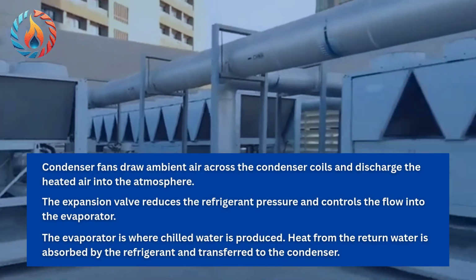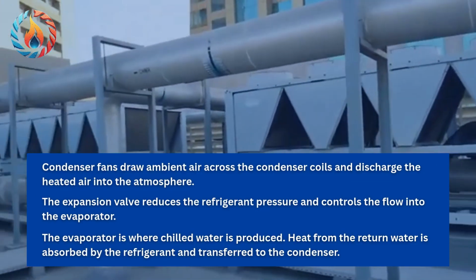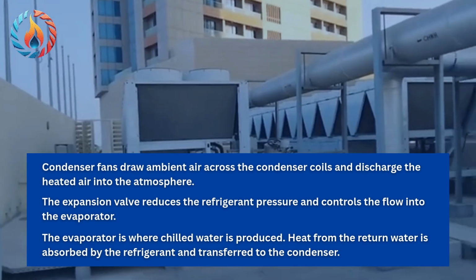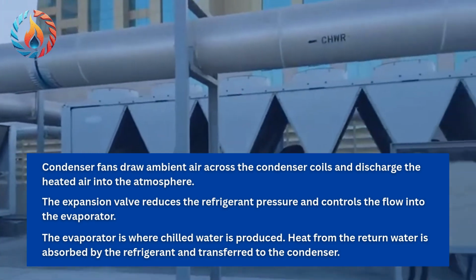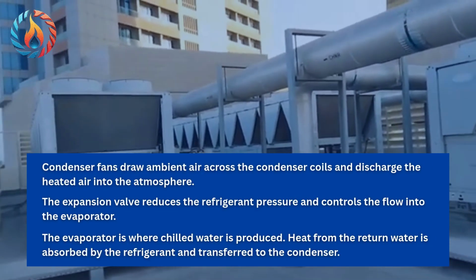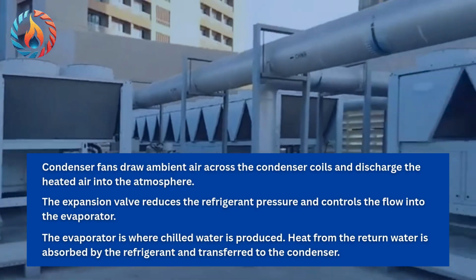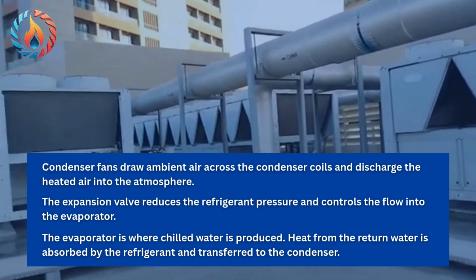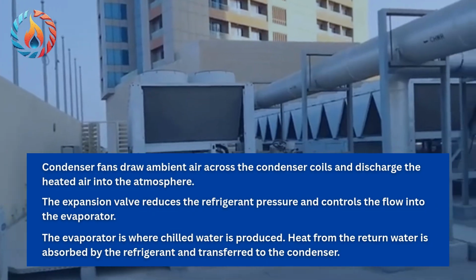Condenser fans draw ambient air across the condenser coils and discharge the heated air into the atmosphere. The expansion valve reduces the refrigerant pressure and controls the flow into the evaporator. The evaporator is where chilled water is produced. Heat from the return water is absorbed by the refrigerant and transferred to the condenser.